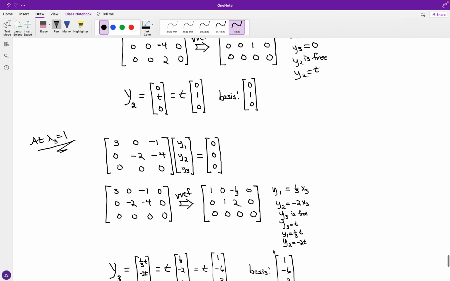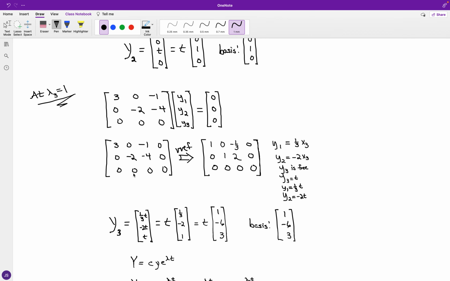And for the third eigenvector determination, we let the third eigenvalue be 1, and again, going through the motions, we take 3, 0, negative 1, 0, 0, negative 2, negative 4, 0, and zeros across. Translating in terms of reduced row echelon form, the top row is 1, 0, negative 1/3, and 0, signaling that y sub 1 is equal to 1/3 of x sub 3.